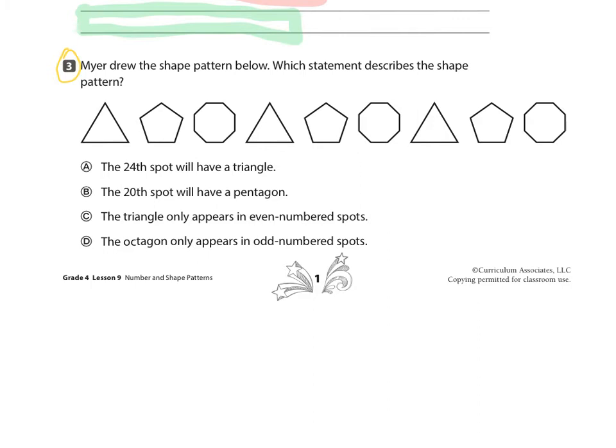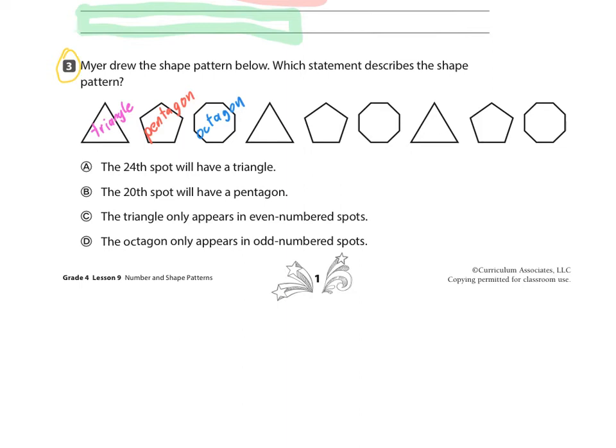I'll help you guys out a little bit. Here we have a triangle. Here we have a pentagon. We haven't talked about that. Pen means 5. And here we have an octagon, like a stop sign. So those are the different shapes that you have.